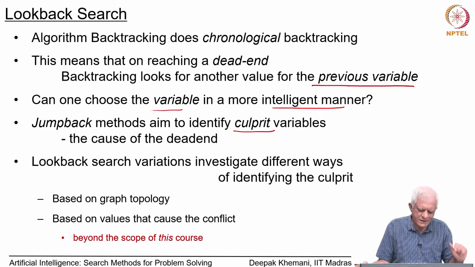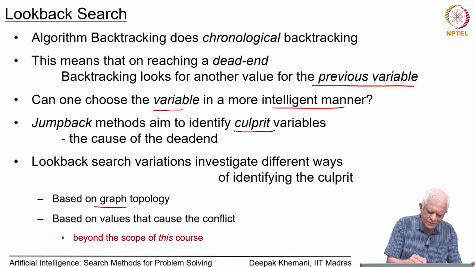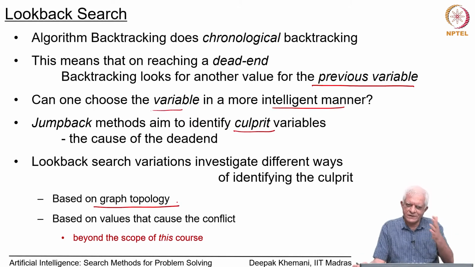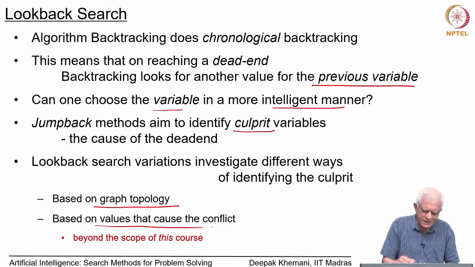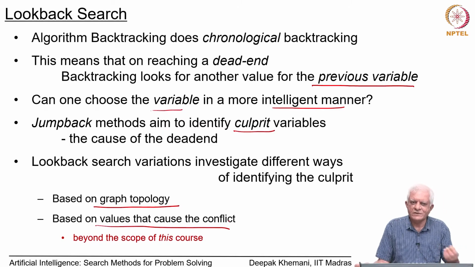Intelligent backtracking would jump back earlier essentially. And there are two kinds of methods, one which is based on graph topology, because the graph tells you which variables are related to which variables, but also there are methods which look at values, as to what values have we used up and so on, but we will not have time to go into this in this course.